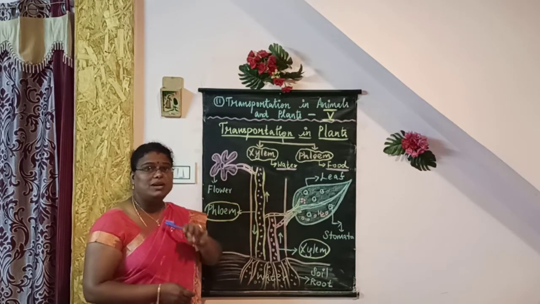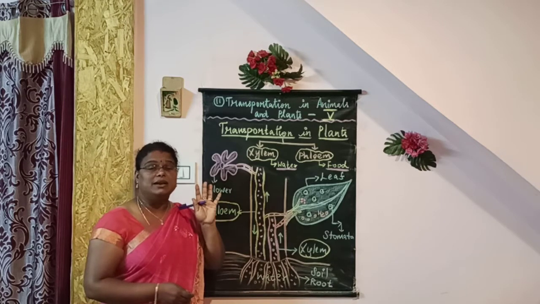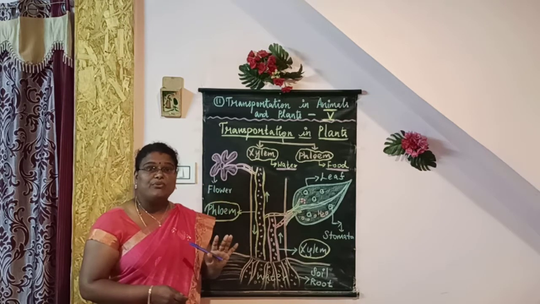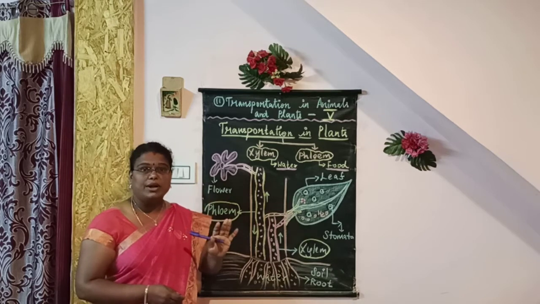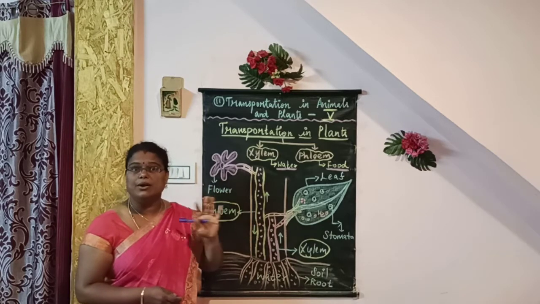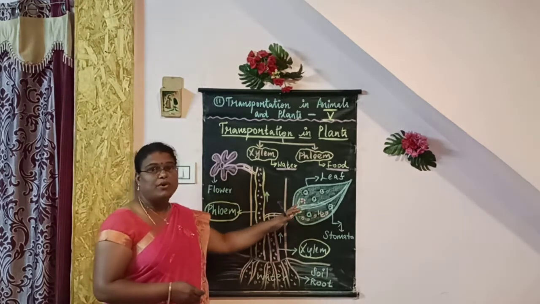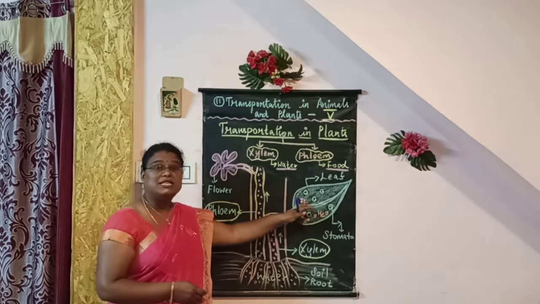Other parts don't need water. The part which is green in color, that is the part which contains chlorophyll, only needs water for the preparation of photosynthesis, because the green part contains chlorophyll, so that part can undergo photosynthesis. Only that part needs water for undergoing photosynthesis, especially the leaf.